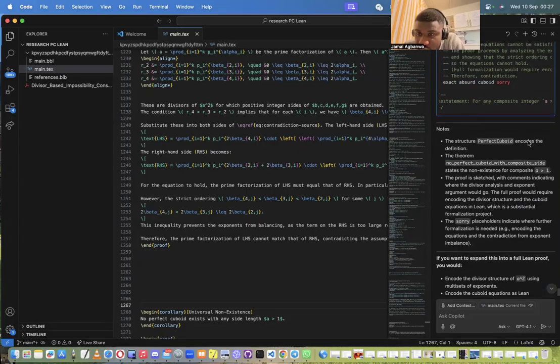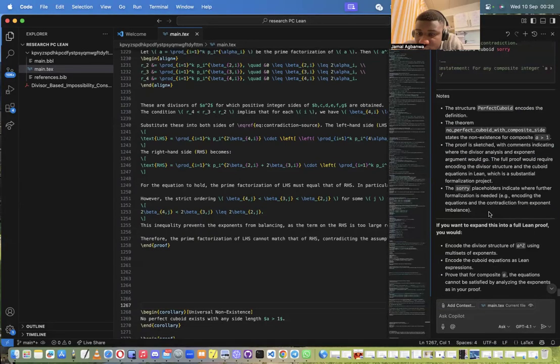This is what it says. It has a structure PerfectCuboid that encodes the definition. The theorem no perfect cuboid with composite side states the non-existence of composites, and the proof is sketched with comments indicating where the proof analysis and exponent argument would go. The full proof would require encoding the divisor structure, the cuboid equations, and linear arithmetic.